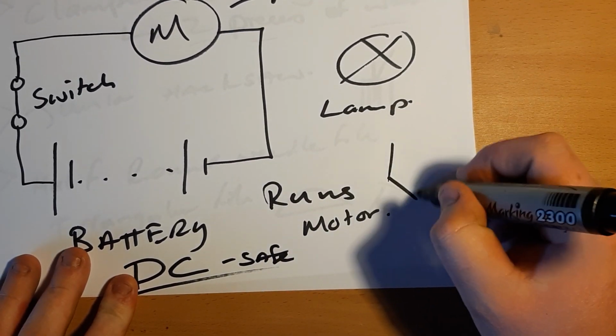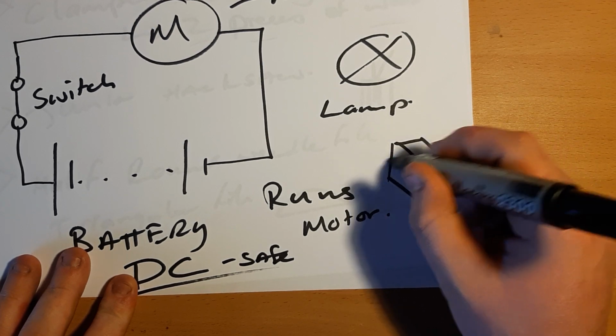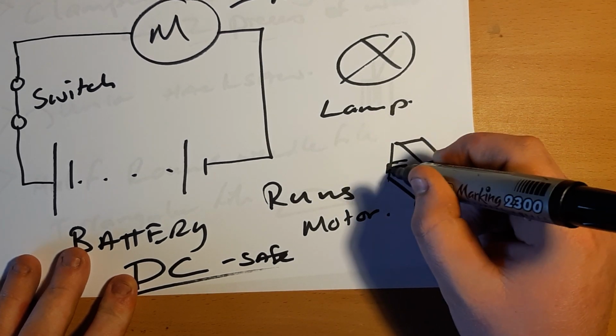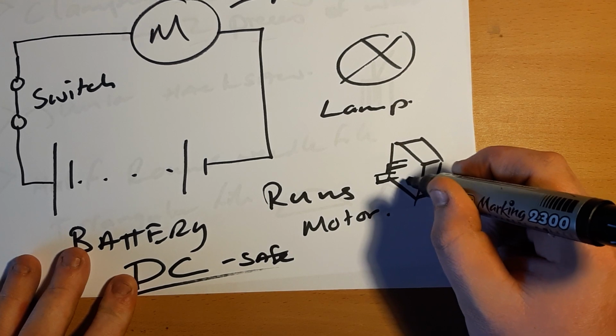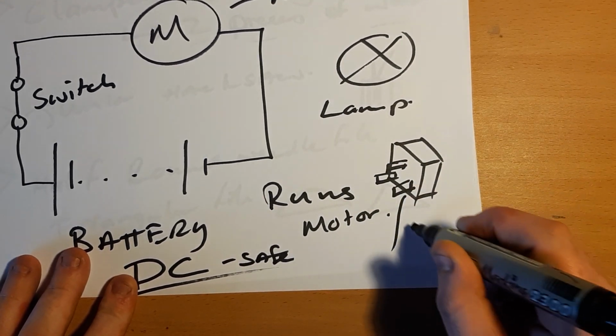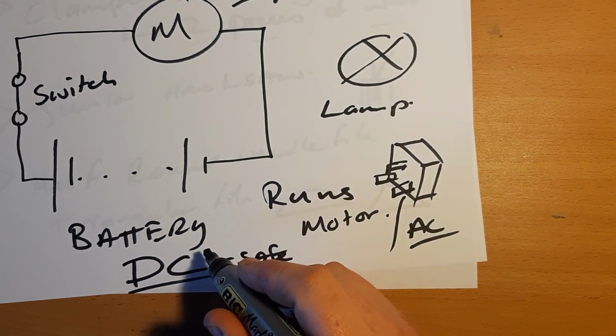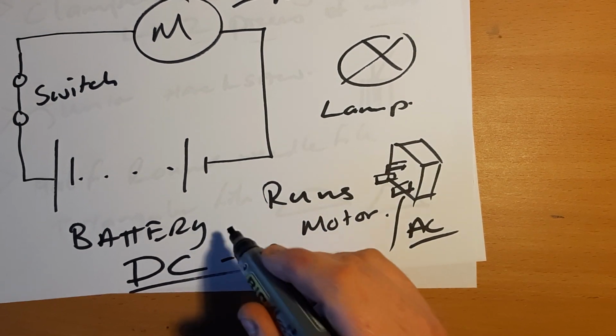Your plug socket at home is AC. AC is very dangerous. The main thing with DC, with the likes of a car battery, is you're not breaking any more than 12 volts.